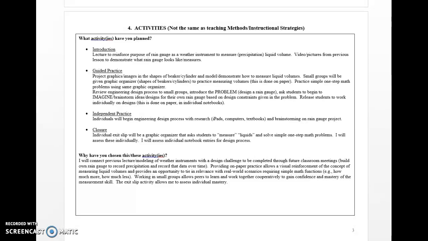But for now, we're going to do it on paper and practice what a measurement looks like in the gauge. And from there, in small groups, practice, as that math standard asked us to do, simple one-step math problems. So that would be how many more, how many less, how much more, how much less.